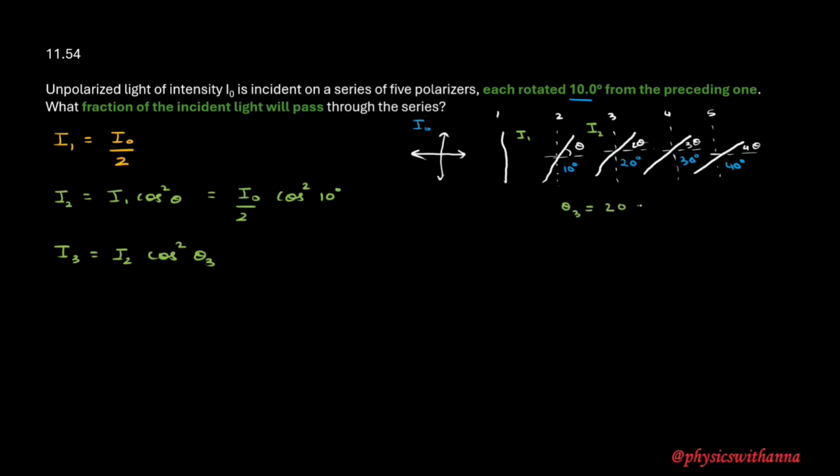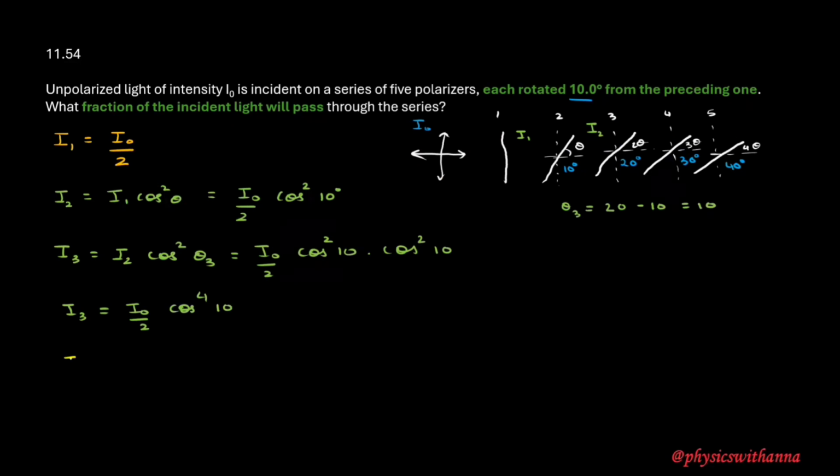So it will be 20 minus 10, which is again 10 degrees. Substituting for I2, we get I naught by 2 cosine squared 10 into cosine squared theta 3, which is also 10. That gives you I3 equal to I naught by 2 cosine to the power 4, 10.